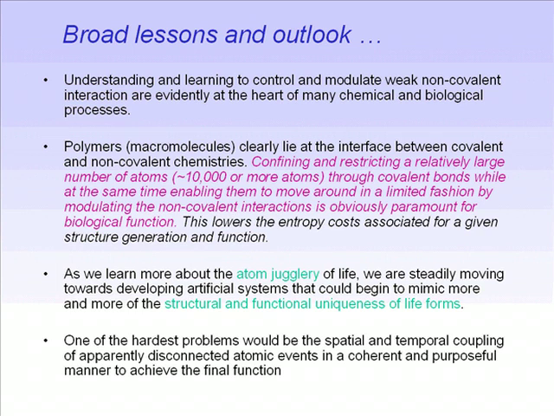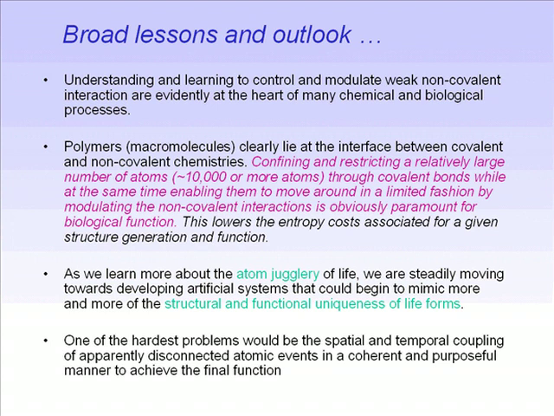And the reason I say that is, when you think about it, biology has selected long macromolecules for a specific reason. The entropy costs associated with developing a function, if you think about it: macromolecules have a very large number, let's say 10,000 plus atoms in them.